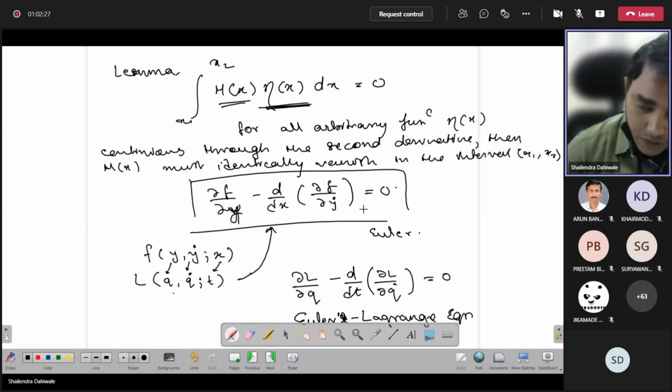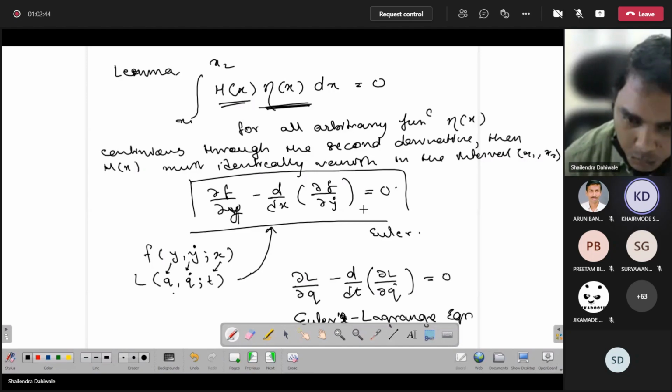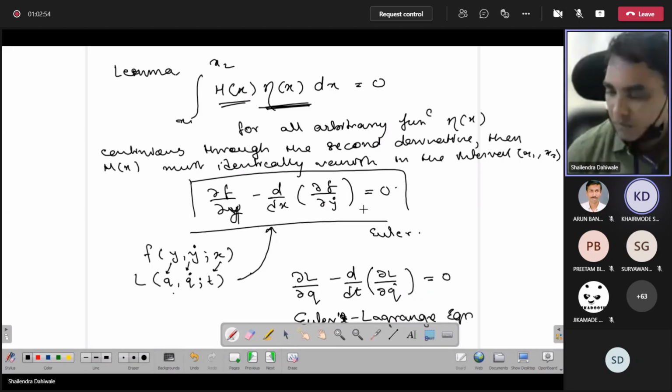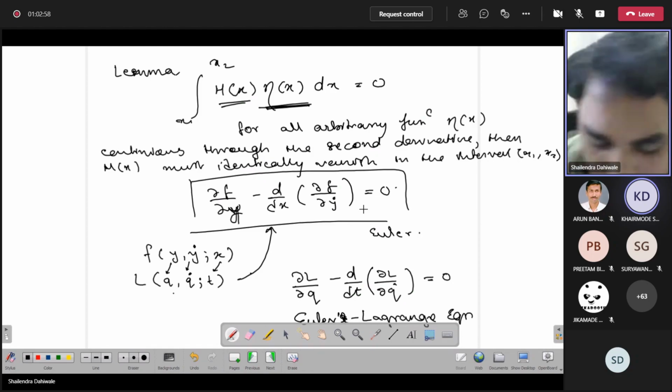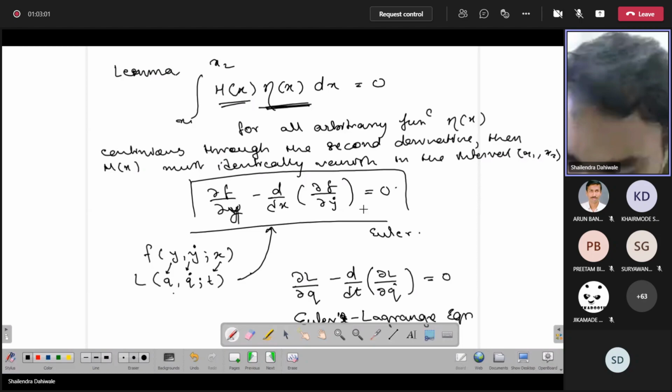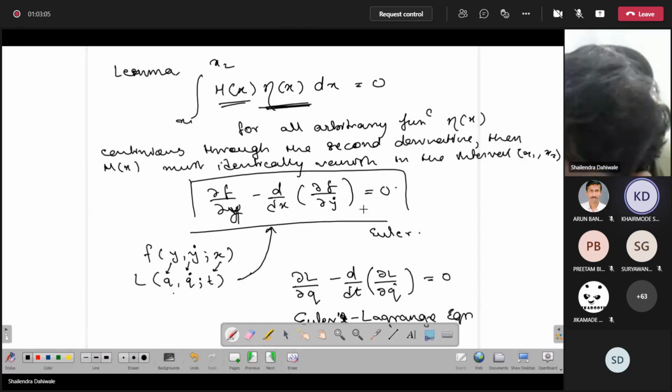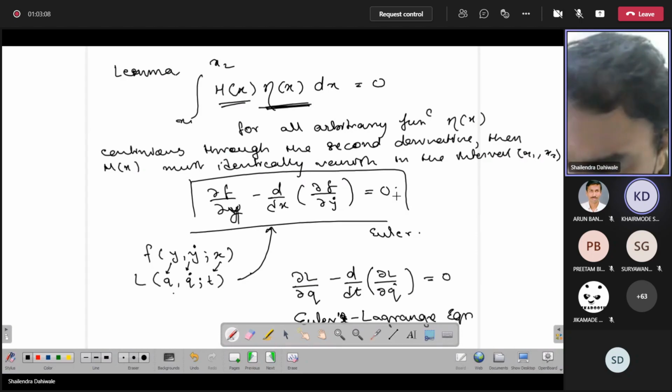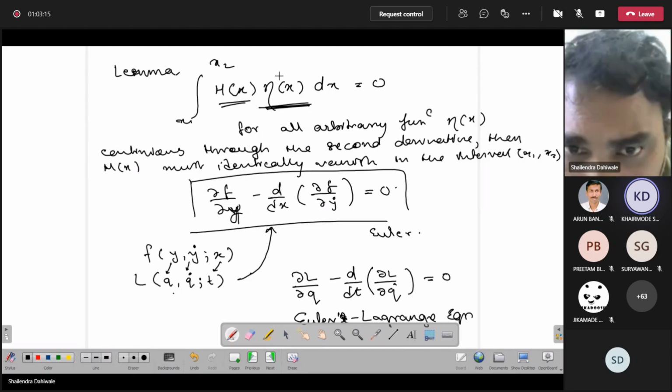Do you have any doubt so far? Sir, you said that the integral from x1 to x2 of h of x eta of x dx equals 0. This can imply that any one of them can be 0.